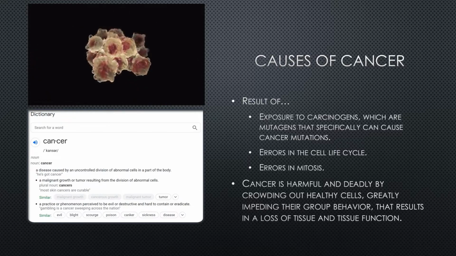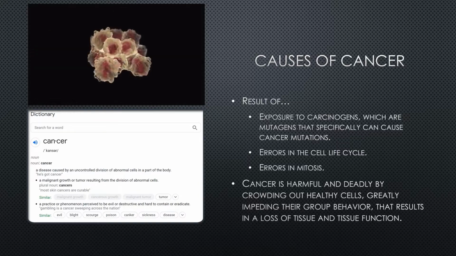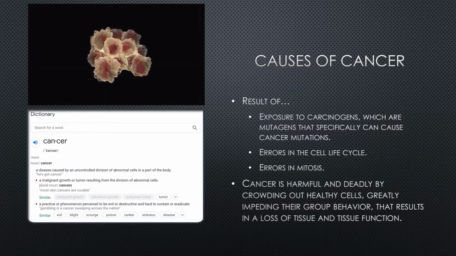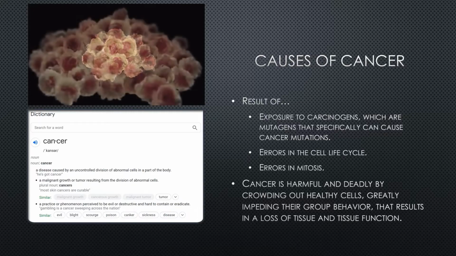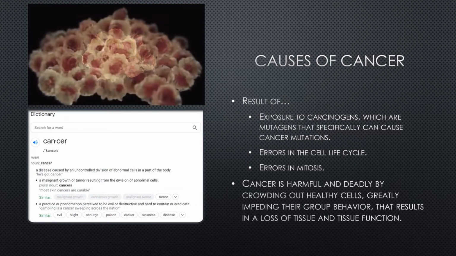These cells can't really share their defenses if cancerous cells are growing between them at a higher rate than the cells can defend. So basically, cancer cells snuff out all the nutrients available. They take that all for themselves, and they greatly impede group behavior. This causes other healthy cells to start slowly dying.